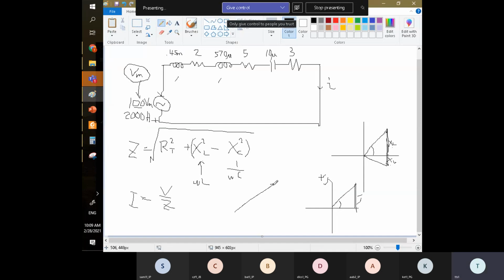The total impedance is this Z. Z consists of R and the XL minus XC, right? XL minus XC.